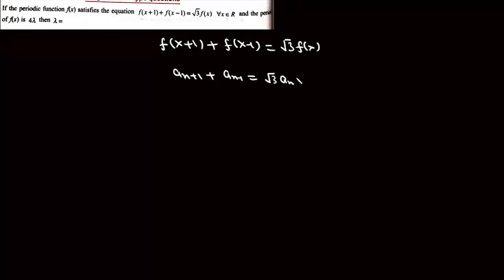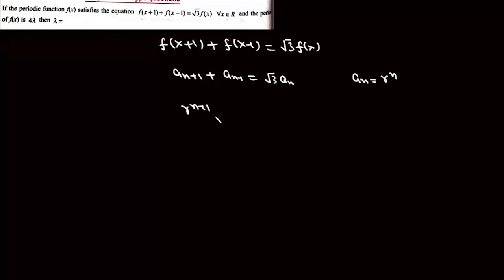Now another way of solving this question can be by finding its characteristic root. So what we'll do is we'll write this functional equation f(x+1) plus f(x−1) equals root 3 f(x) as a(n+1) plus a(n−1) equals root 3 a(n) for some fixed x. Now we can try this recurrence with the sequence a(n) equals rⁿ.